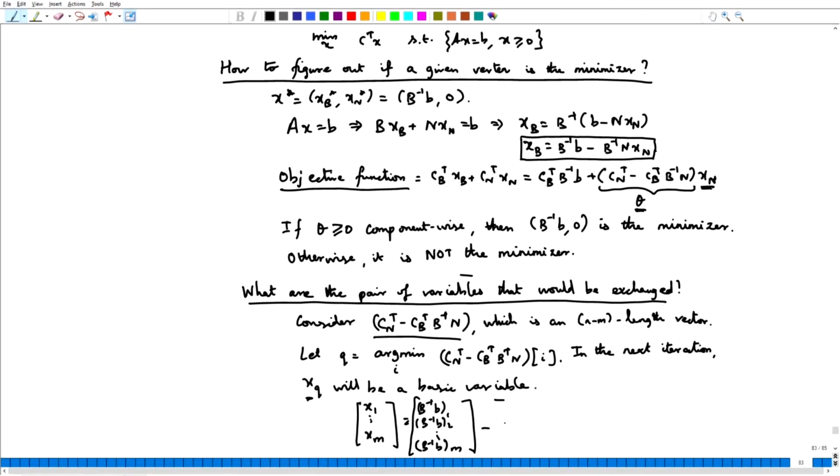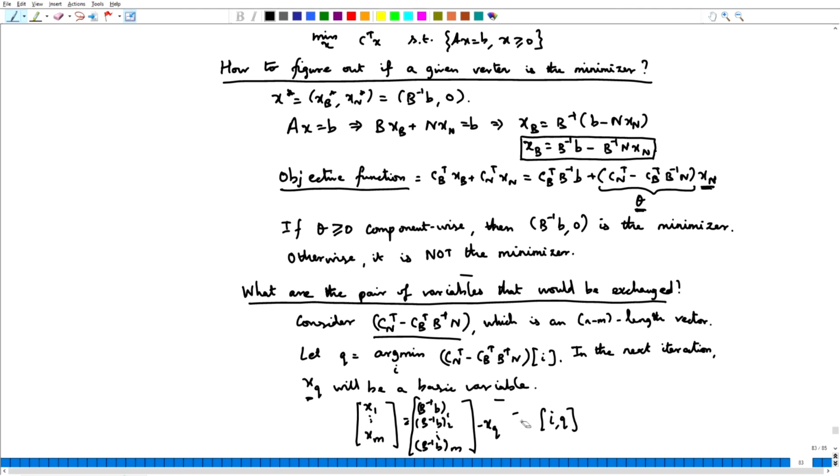So, now what is B inverse N into x_N? It is actually B inverse N column q into x_q. So, x_q is a scalar.